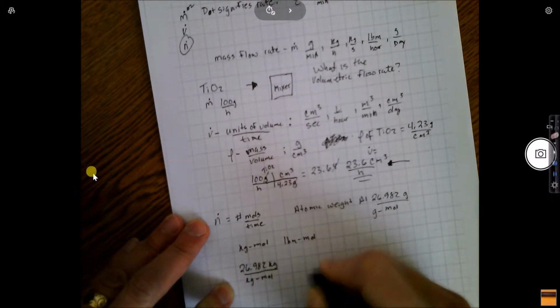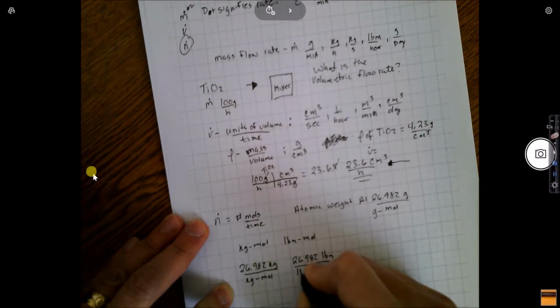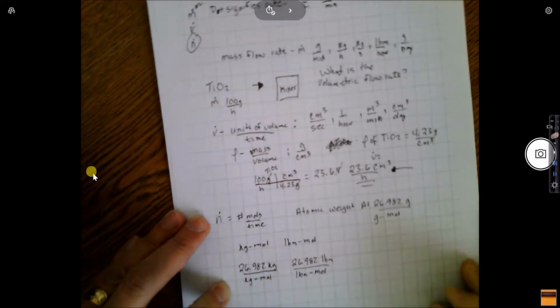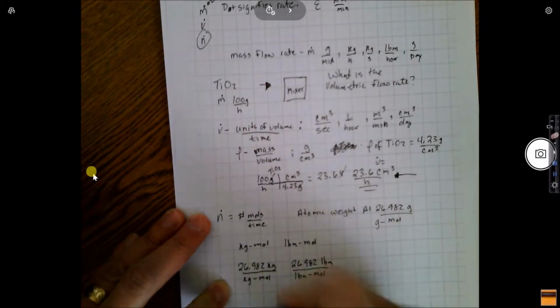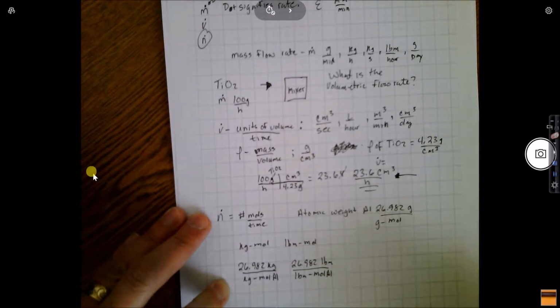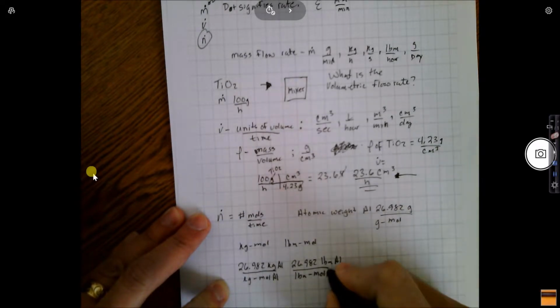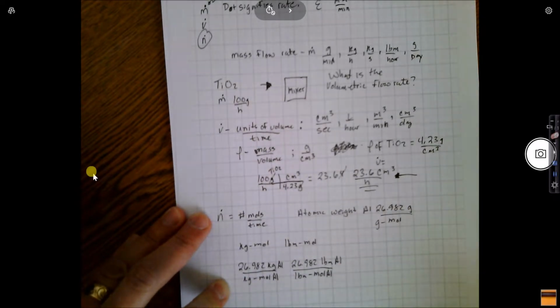And this sometimes blows people's minds, but there's also 26.982 pounds mass in a pound mass mole of aluminum. And I should probably be putting aluminum so we can practice bookkeeping from the get-go in this class. It's a good skill to build.